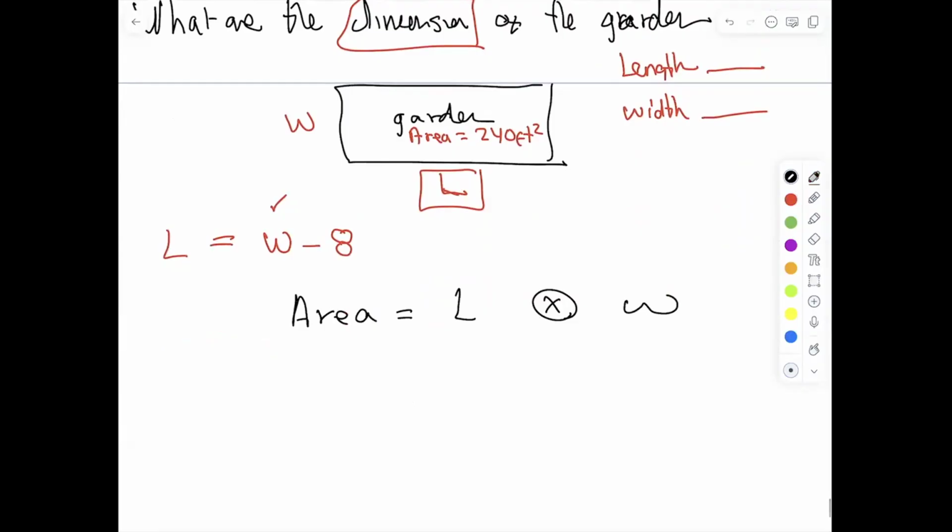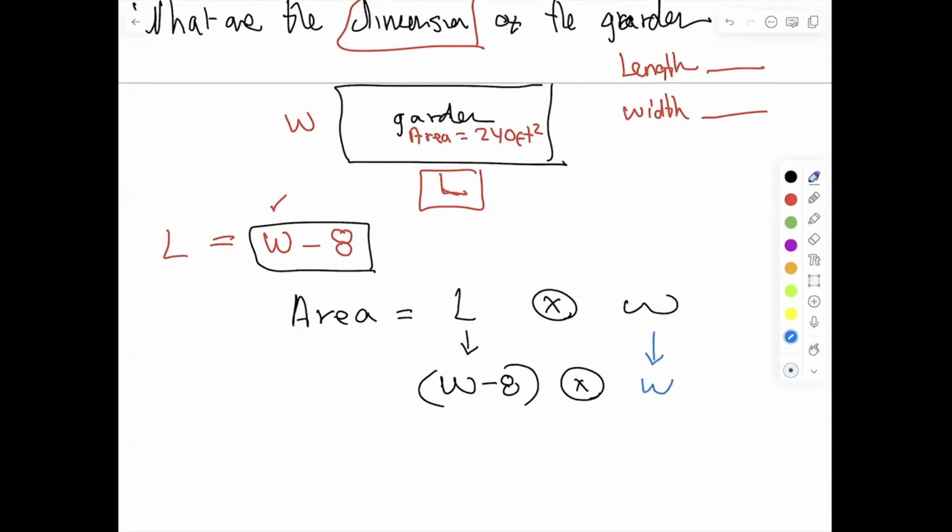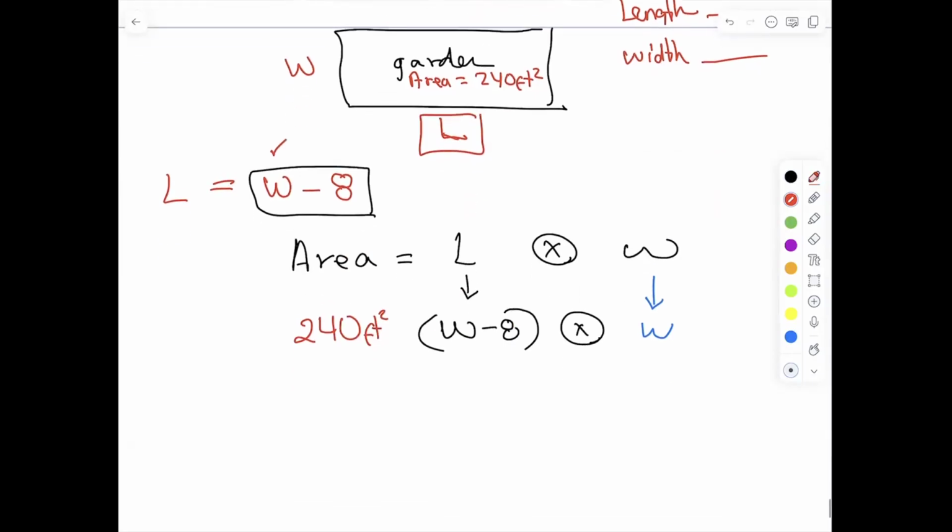And they're saying that the length is equal to W minus 8, times W. And what did they say the area was? 240 square feet, right?